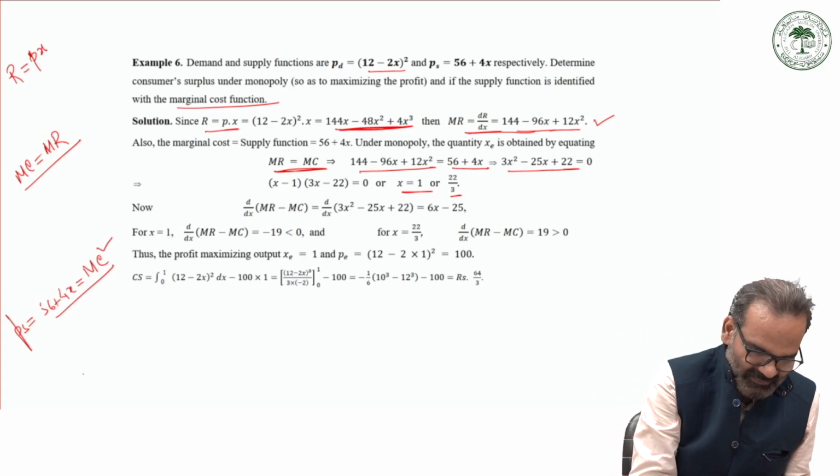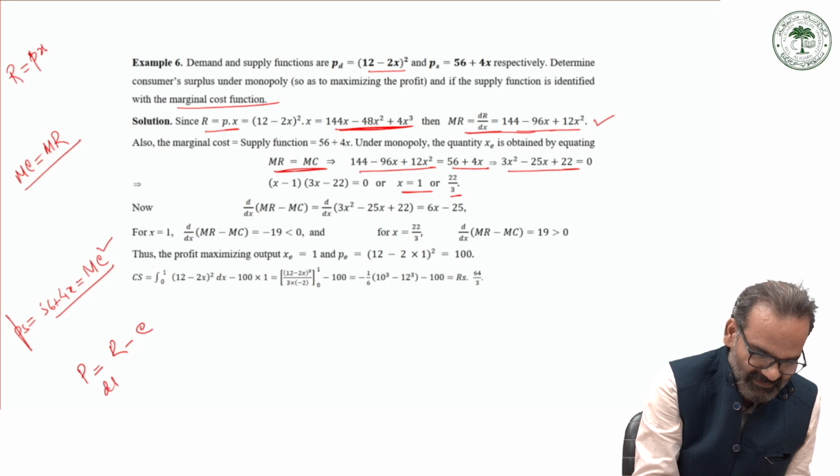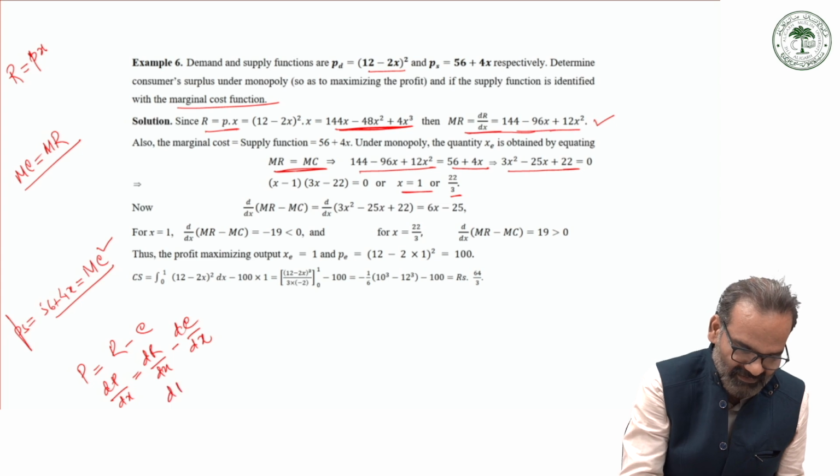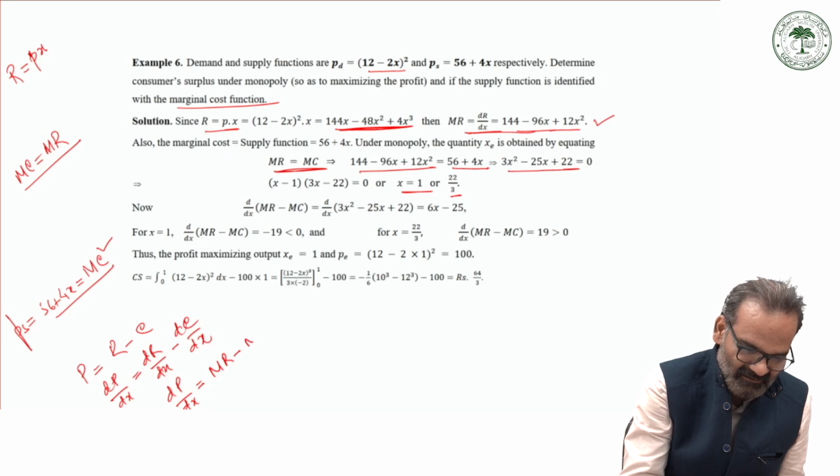Look, P is equal to R minus C. So dP over dx is dr over dx minus dc over dx. dP over dx is the first derivative of the profit. dr upon dx is marginal revenue minus dc upon dx is marginal cost.